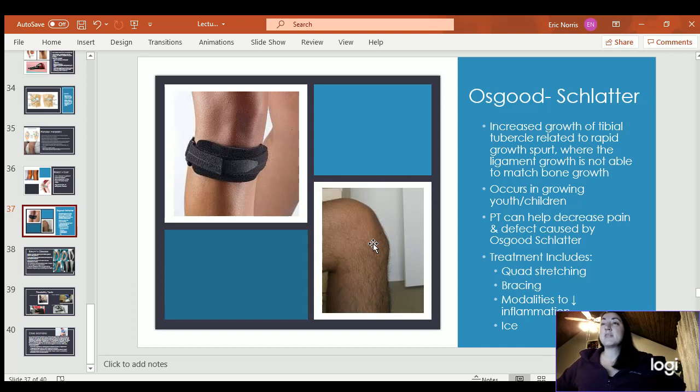If somebody is referred to us with that, then we can help them by doing stretching and maybe some gentle strengthening. Typically it's more stretching modalities, decreasing the inflammation to that area. Ice and an offloading brace could help get it less inflamed, and that can actually decrease the amount of extra bone formation that occurs.